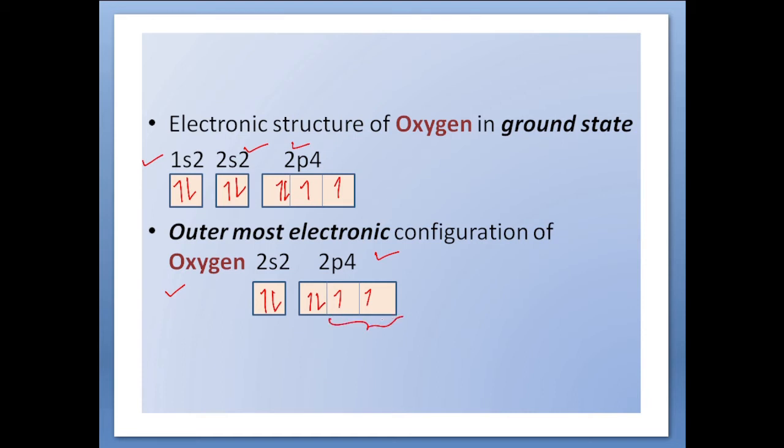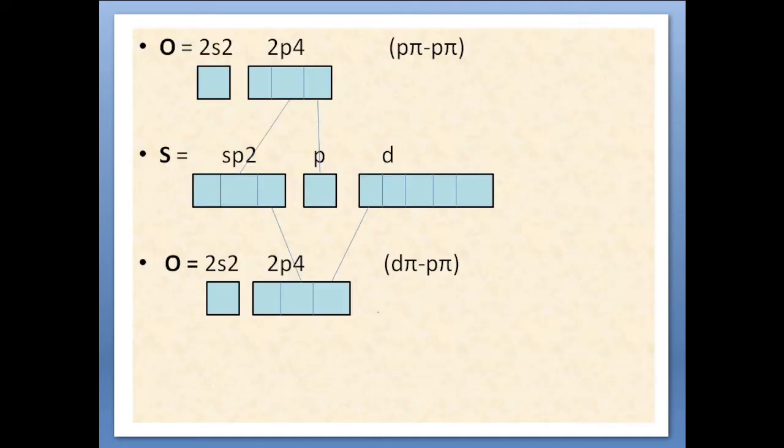In this, one 2p orbital electron participates in the formation of a sigma bond and another one is involved in the formation of a pi bond. The outermost electronic configuration of oxygen is 2s2, 2p4.